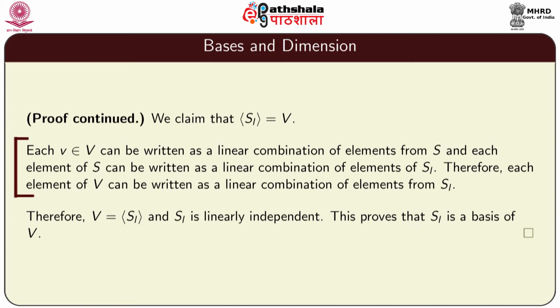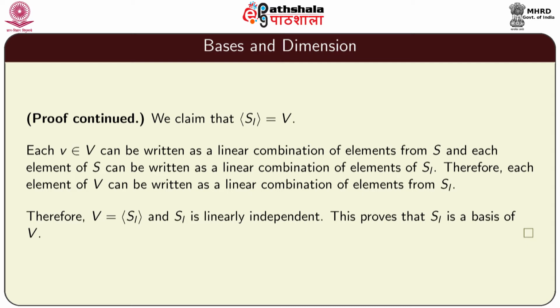Therefore, each element of V can be written as a linear combination of elements from SL. That shows that the span of SL must be equal to V. Therefore, we have proved that SL is linearly independent and it spans V. Therefore, SL is a basis for the vector space V.